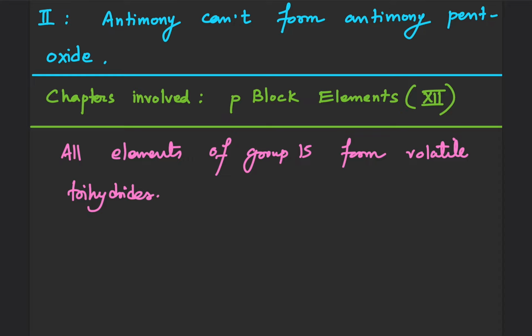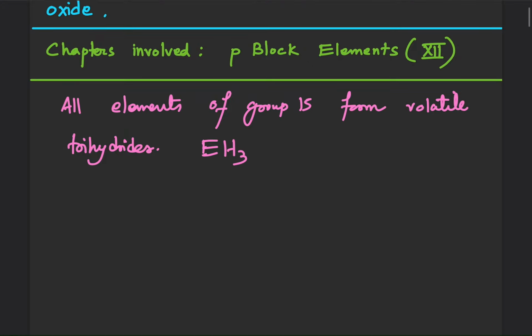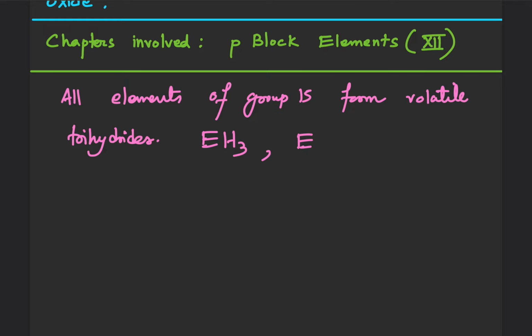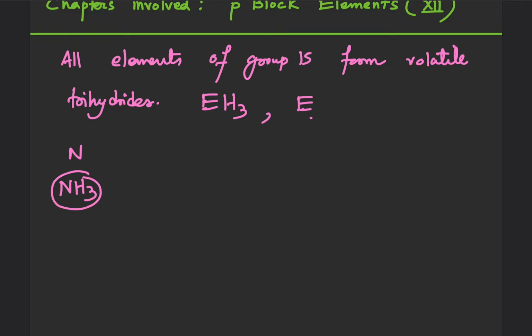By volatile, I mean something which has a very low boiling point. So they form volatile trihydrides of the formula EH3, where E can obviously be nitrogen. So if E is nitrogen, then the hydride will have the formula NH3, right? So NH3 is known as ammonia.